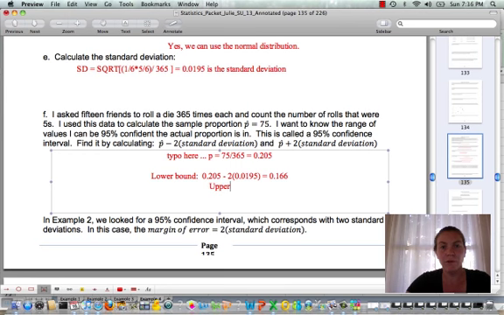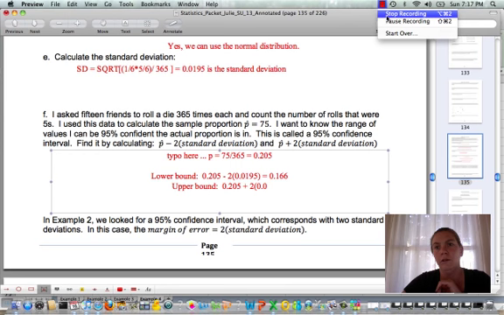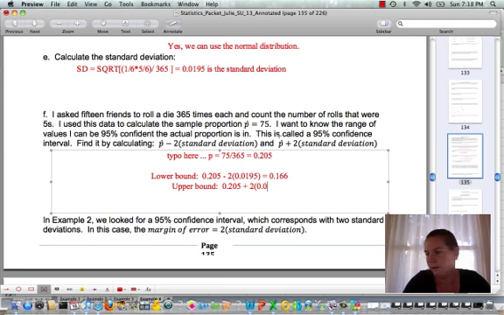Similarly, we can calculate the upper bound by adding 2 standard deviations. Okay, so our upper bound is 0.244.